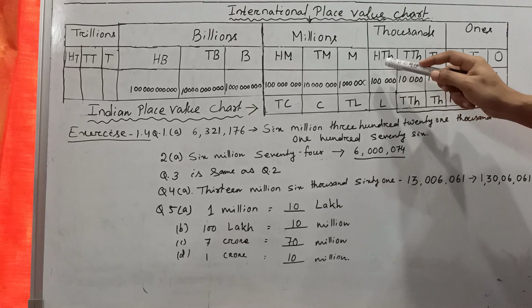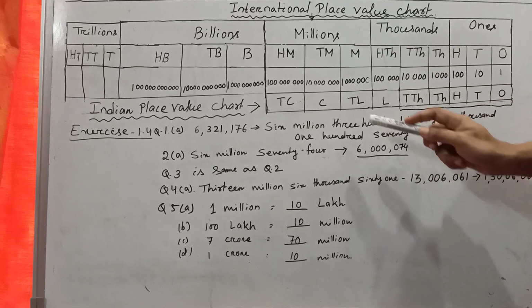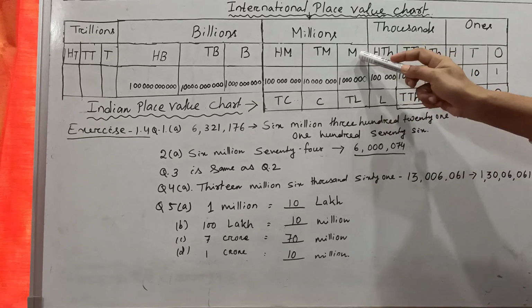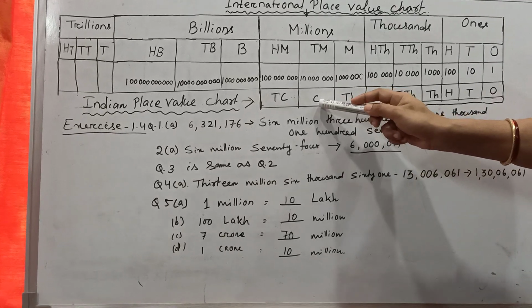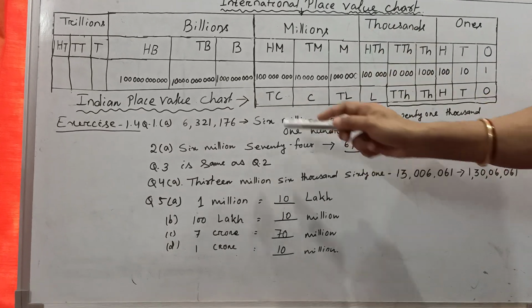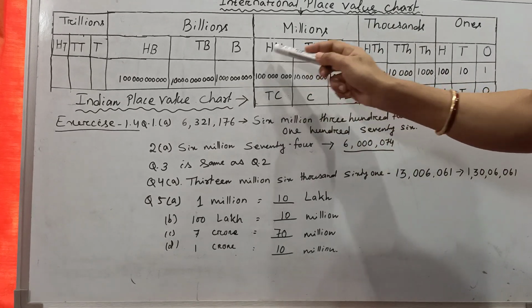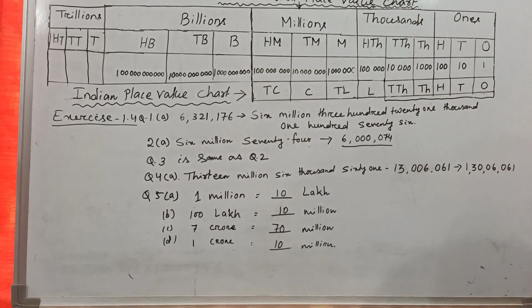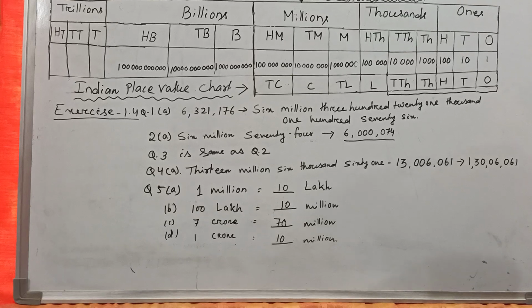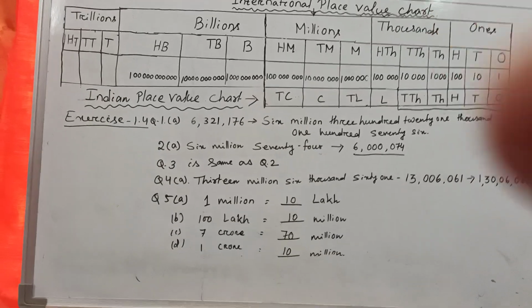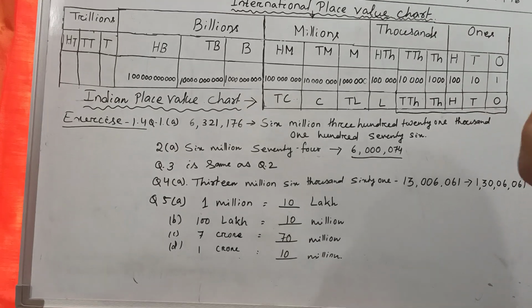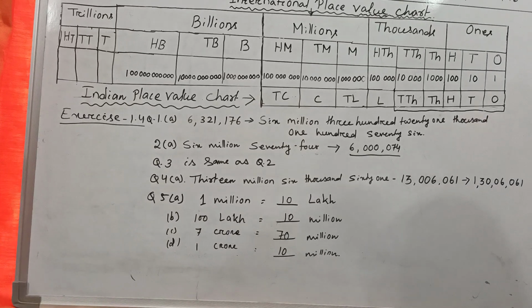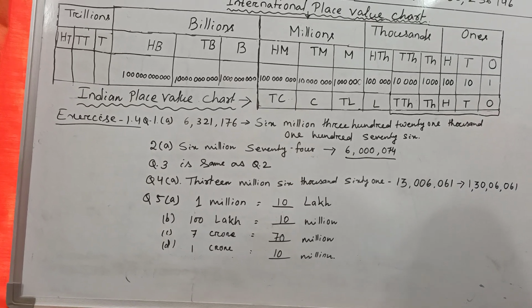1 lakh is the same as 100,000. 10 lakh is the same as 1 million. Crore is the same as 10 million. 10 crore is the same as 100 million. See exercise 1.4. In this question it is given, write the number in words using the international place value chart.